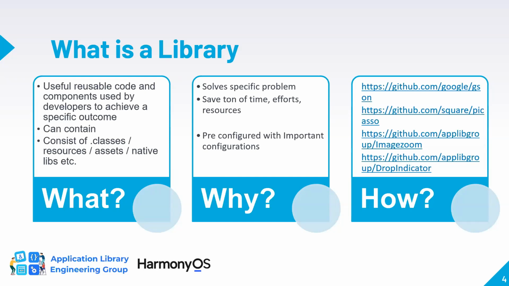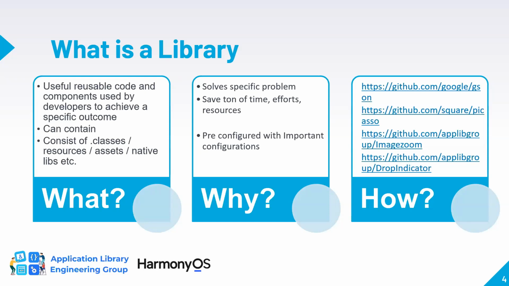Now, what does a library consist of? Libraries basically consist of compiled code, which in our case, because we are using Java, consists of .class files. Then resources. These resources can be XML string values or some images, which you want to keep in the library and don't want other people to manipulate or change.